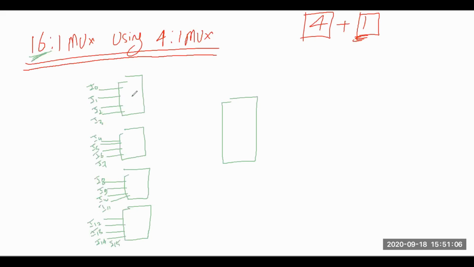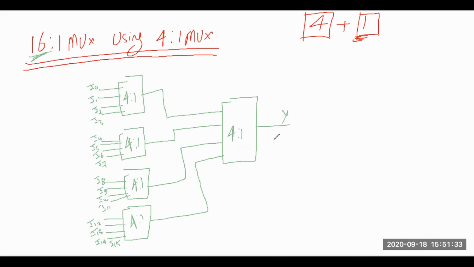Okay, and from each 4:1 multiplexer I am getting only one output. So my first output I will connect as the first input to this 4:1 multiplexer. This one I will connect as second. This one I will connect as third. This one I will connect as fourth. Okay. And here my final output will be there. And in the same way, for the select pins, here will be two select pins, here will be two select pins, and here also two select pins.